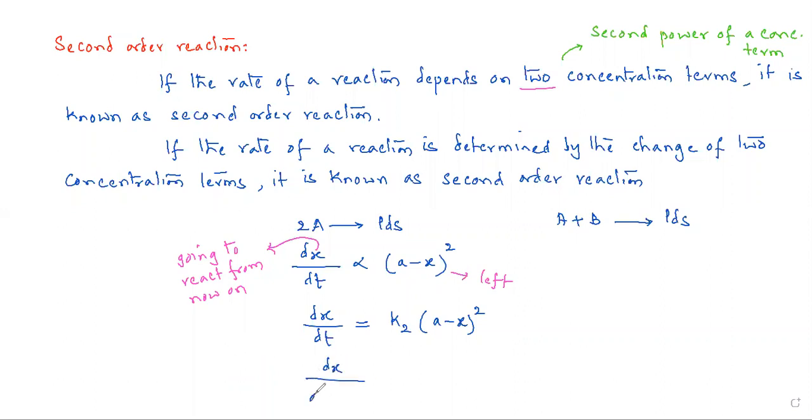dx by A minus x whole square is equal to k2 into dt. Now this on integration gives us the final expression.